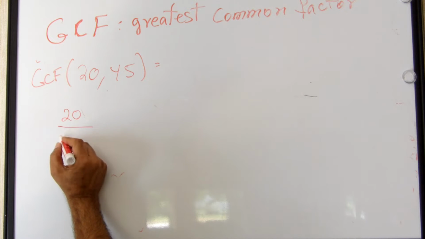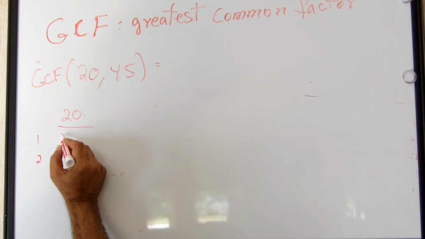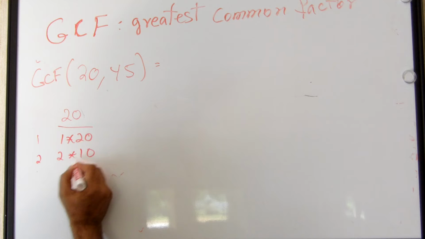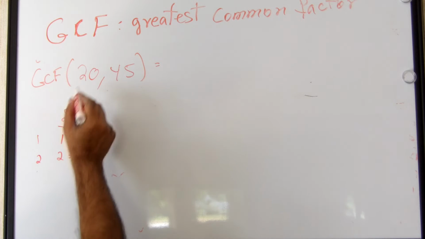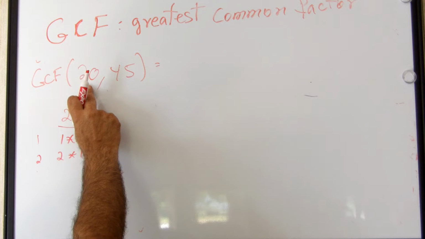We can write here, divide by 1, 2, 3, to see how these things go. 20 divided by 1 is going to be 20. Divided by 2 is going to be 10. We cannot divide by 3 because we have an even number at the end.